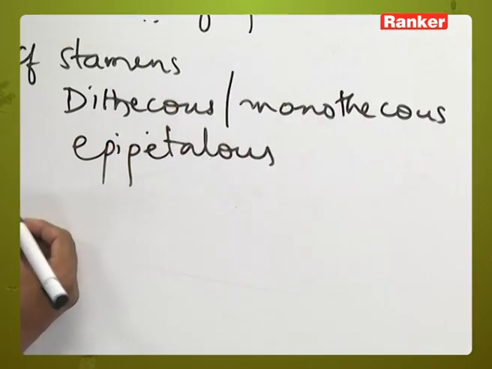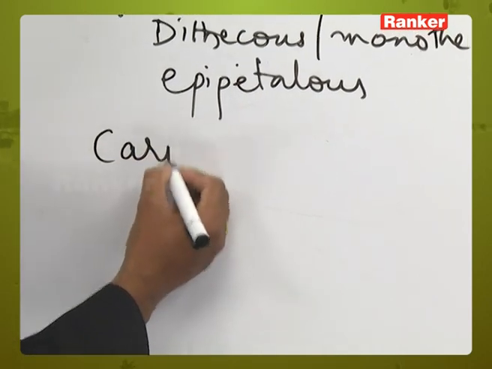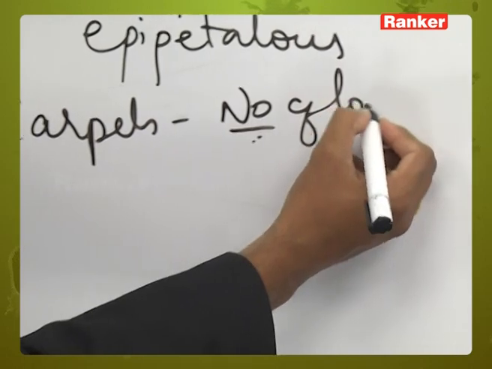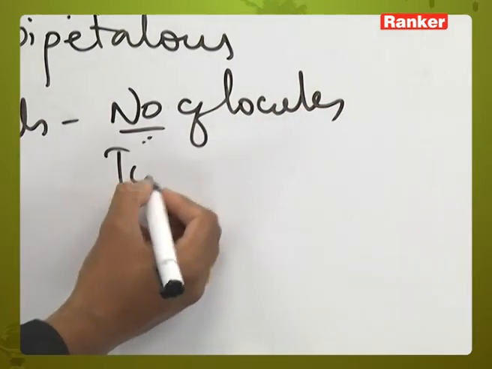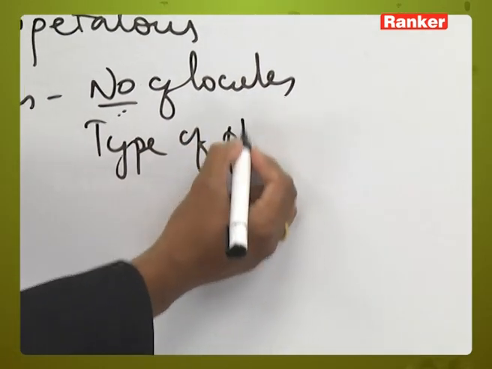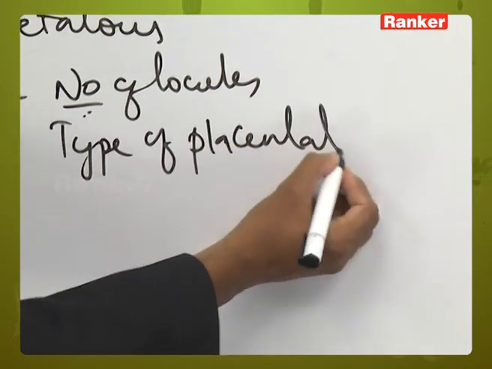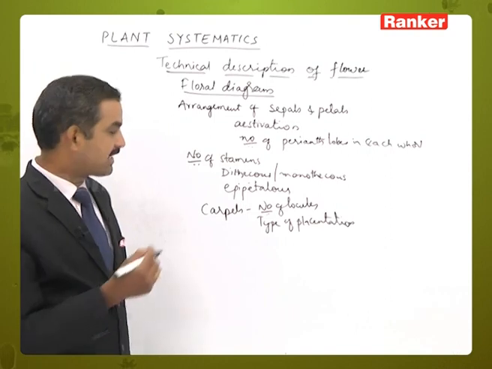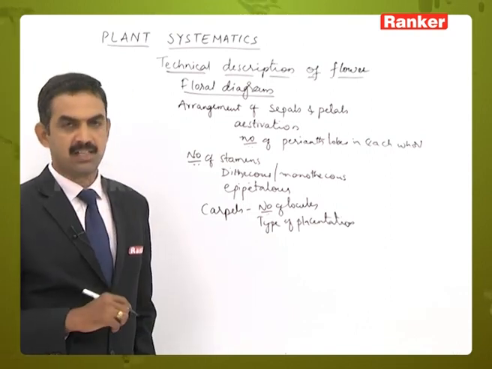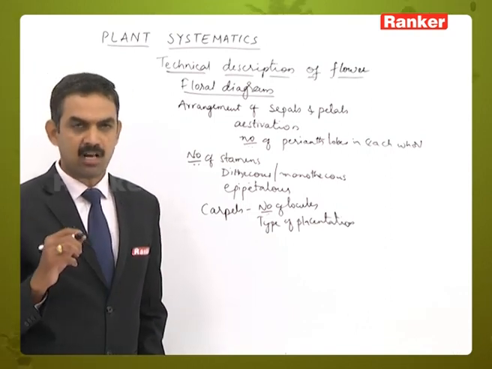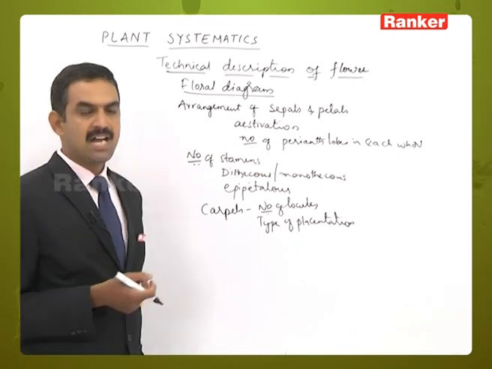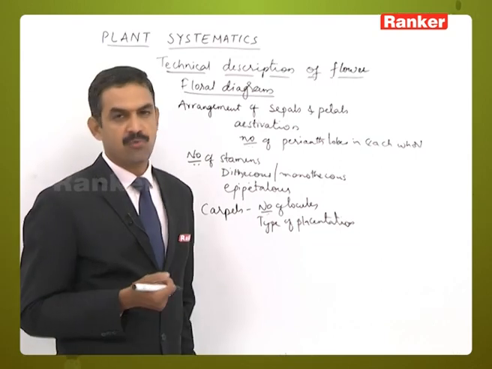Then coming to the carpels part, we can see the number of locules and the type of placentation and the number of ovules in each locule. These characters can be identified in the floral diagram.